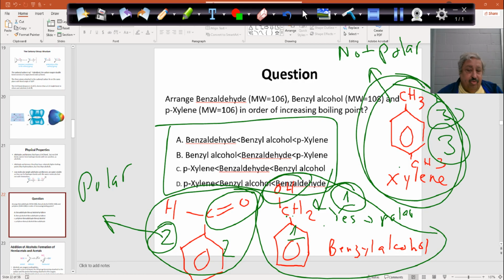Why? This one has more hydrogen bonding with itself. The aldehyde and ketones cannot make hydrogen bonding with themselves. They are soluble in H2O, yes, if their molecule is a smaller structure, but if you have huge, large ketones and aldehydes, they are not soluble.